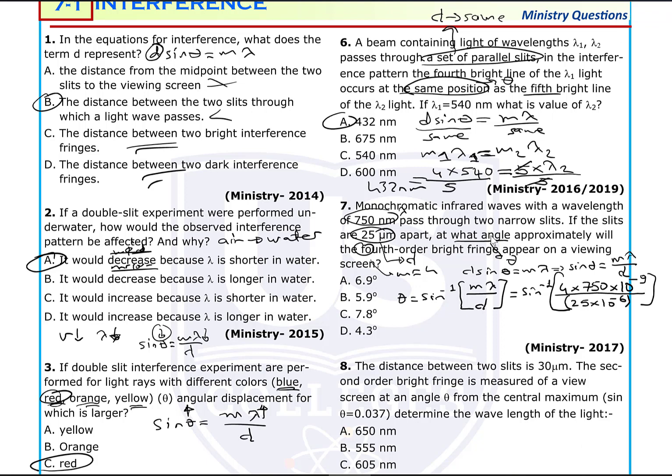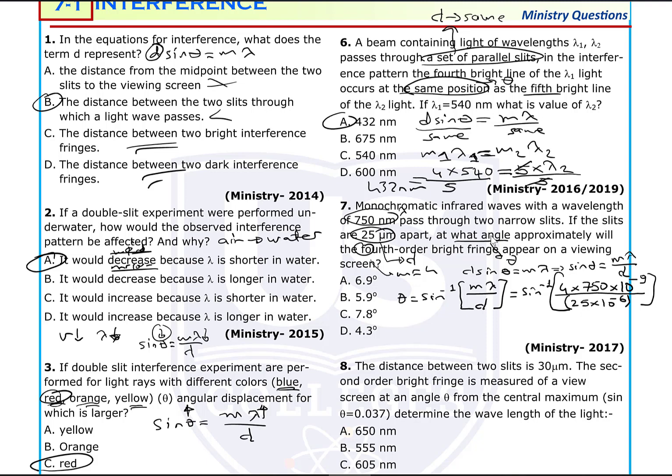Shift sine, which is sine inverse, bracket, 4 times 750 times 10 to the power of negative 9 divided by, one more bracket, 25 times 10 to the power of negative 6, close the bracket, once again close the bracket.